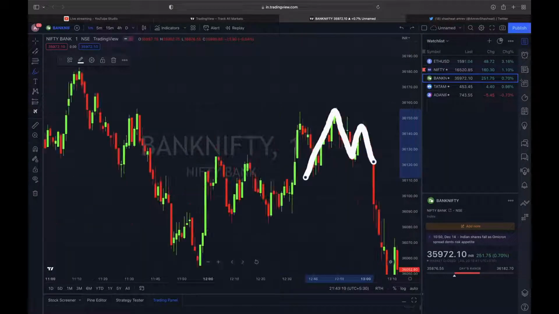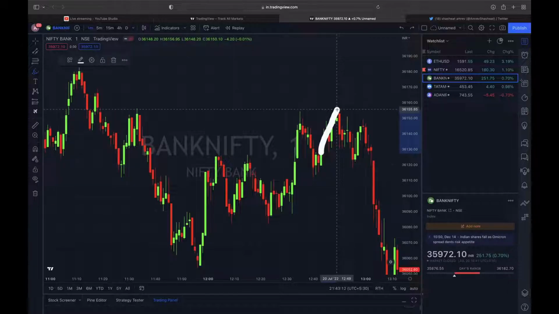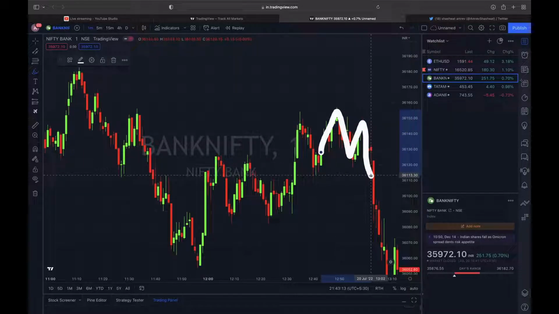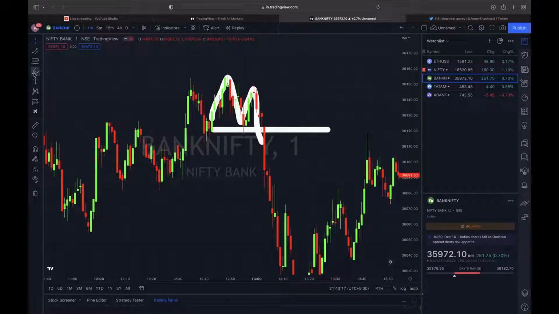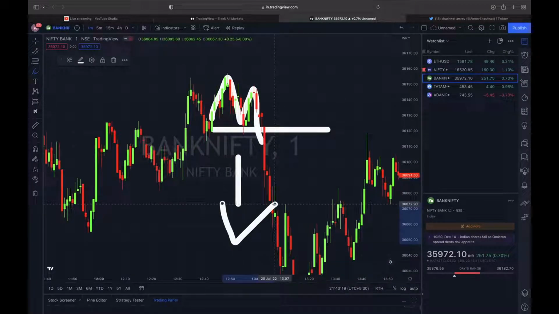Yes. The M breakout will be at the lower side. After the line, it gets downward, and after then it went upward.